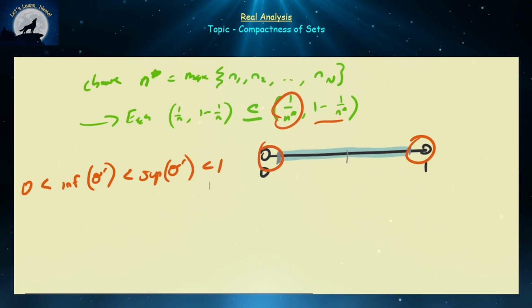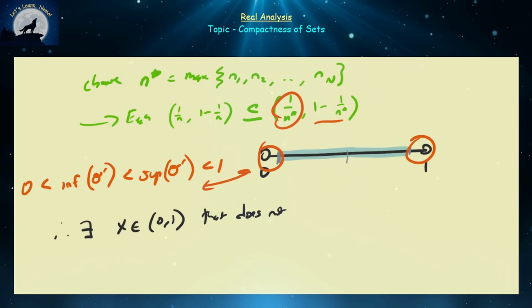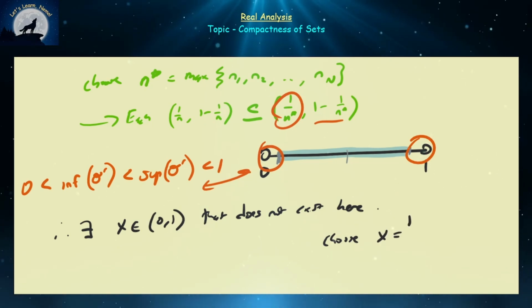So from the picture and from the supremum and infimum perspective, there exists an x within (0, 1) that is not covered here. In particular, you can choose x to be equal to (1 plus the upper bound, 1 minus 1 over n star) all over 2.